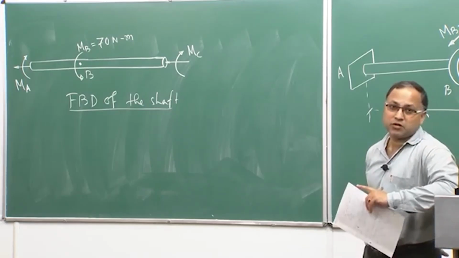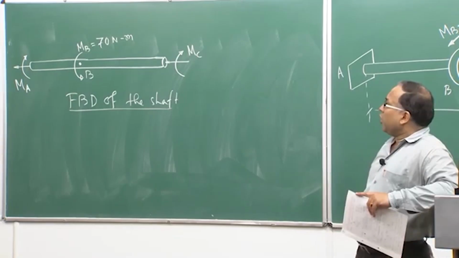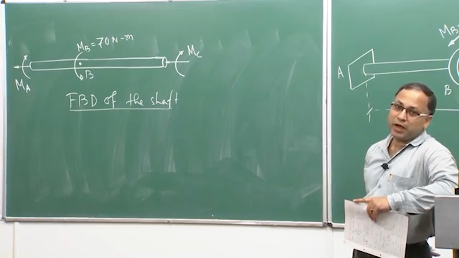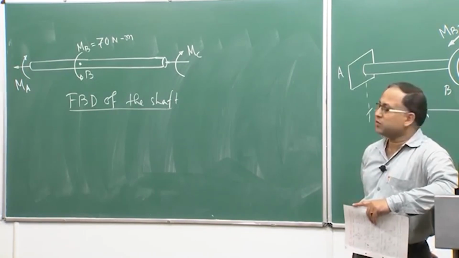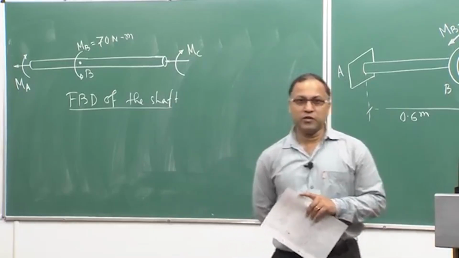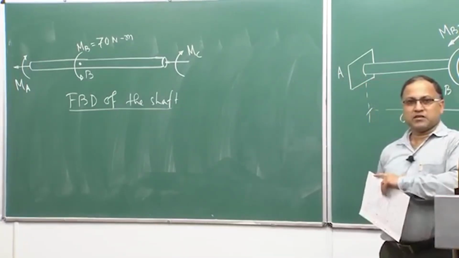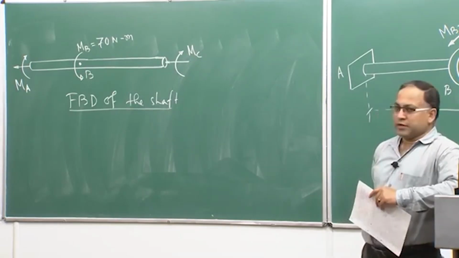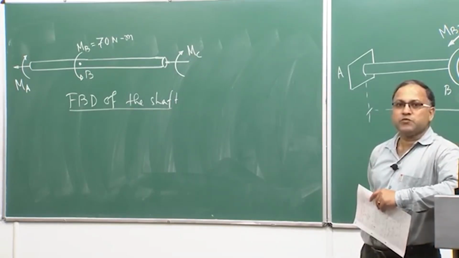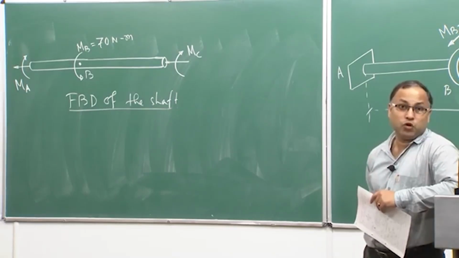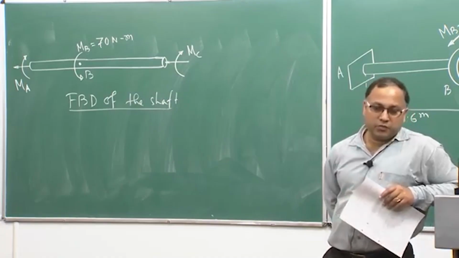But you have two unknowns, so you cannot solve it. This is a classical example of a statically indeterminate structure. Therefore, if I want to solve it, I need to impose some geometric compatibility, as I told you previously.